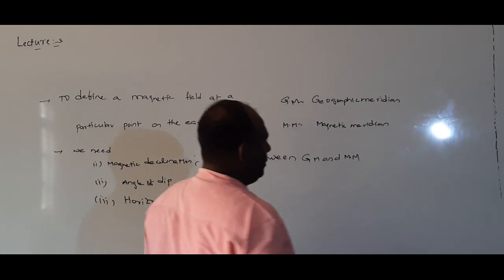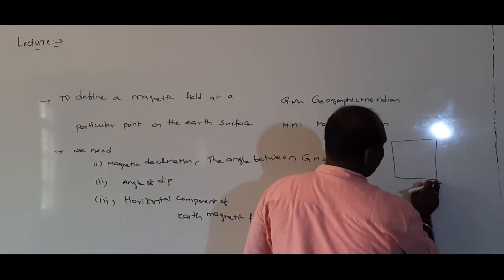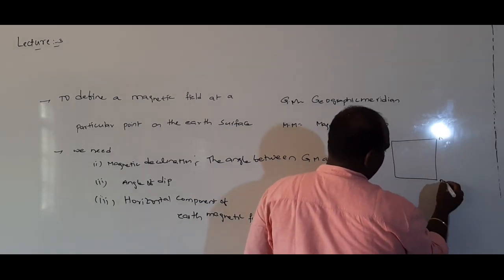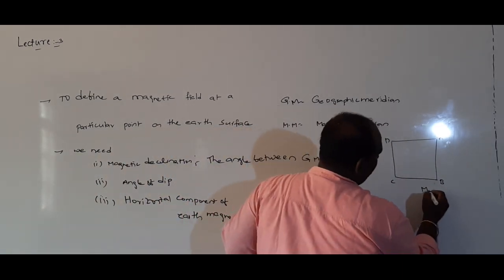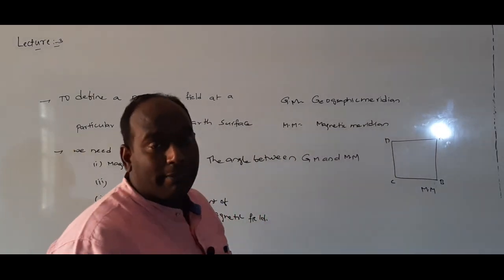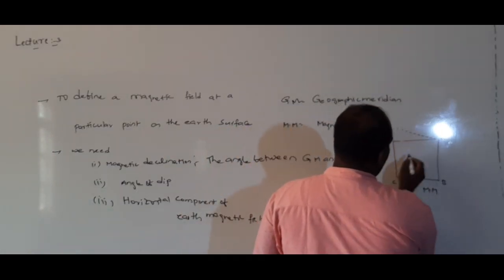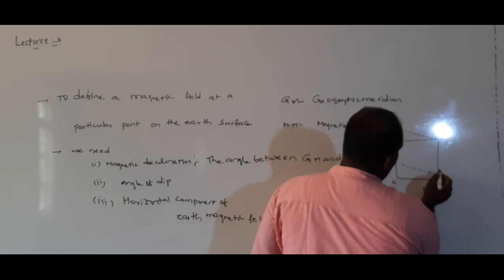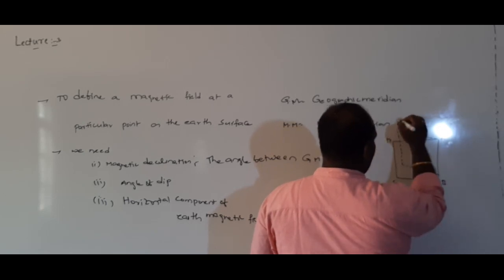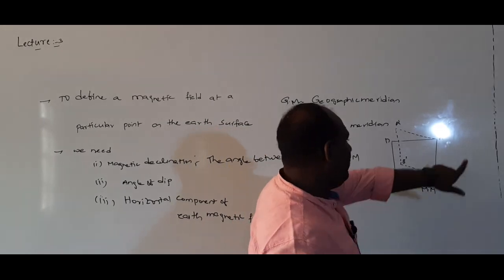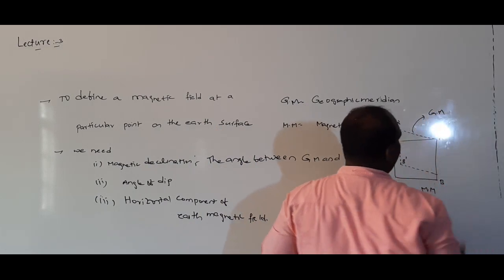Okay, please look at the board. What is meant by meridian? A plane which contains the axis. Assume this is a plane ABCD; this I am going to write as MM, magnetic meridian. Assume this is another plane A'B', known as GM, geometric meridian.